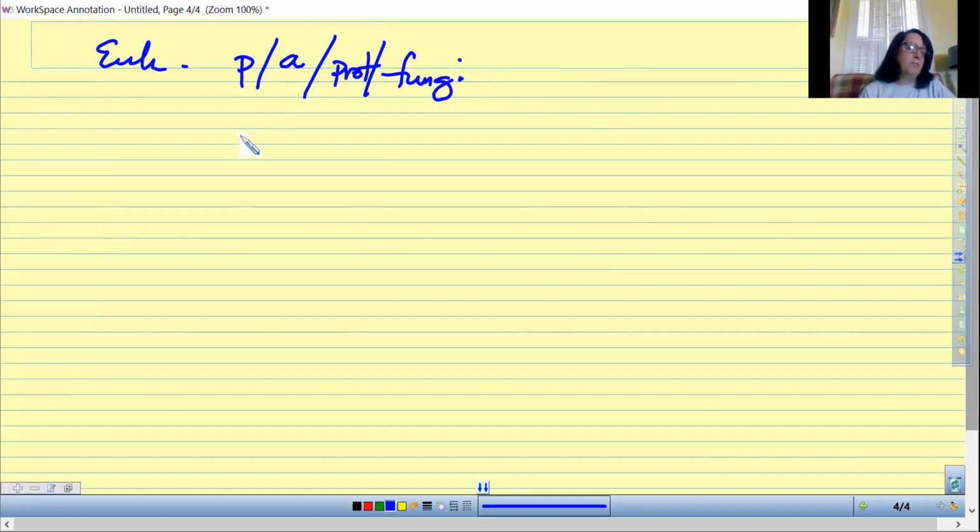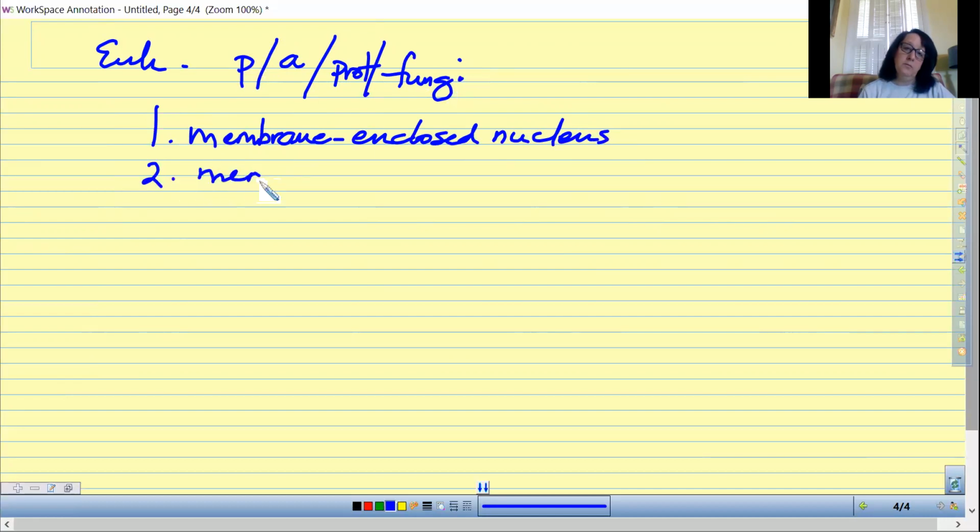And so details about eukaryotes that you'd know, they do have a membrane-enclosed nucleus. They do have membrane-bound organelles. And they are larger.